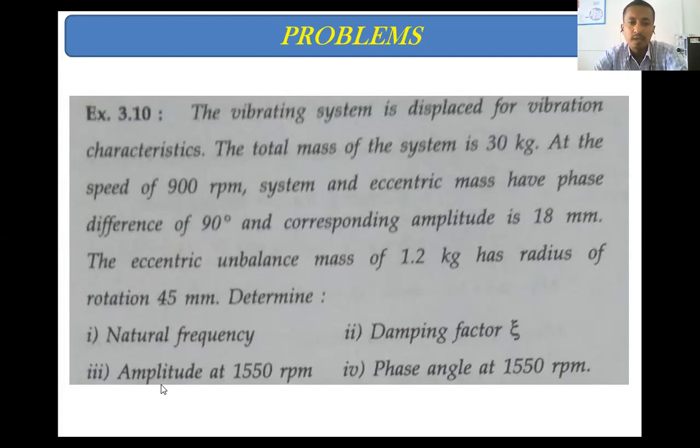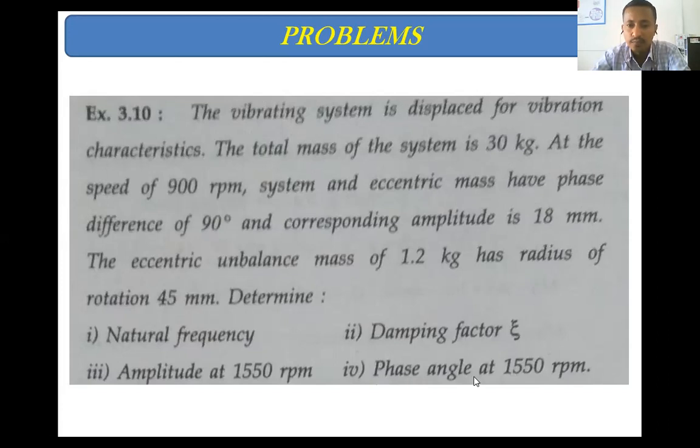And third one is amplitude at 1550 rpm. The amplitude at phase angle 90 degree is given in the problem as 18 mm, so here we need to find the amplitude at a speed of 1550 rpm.